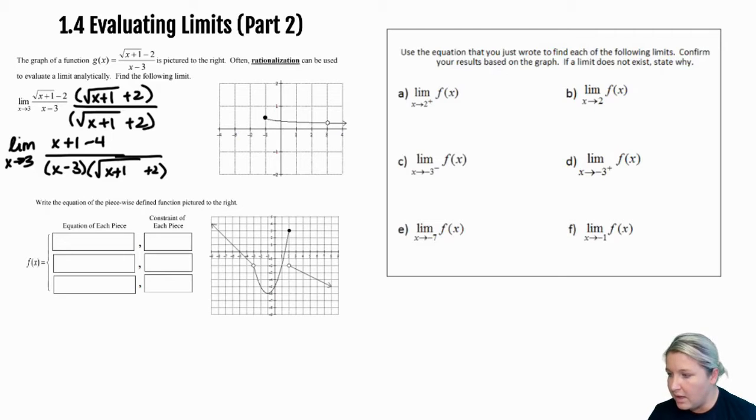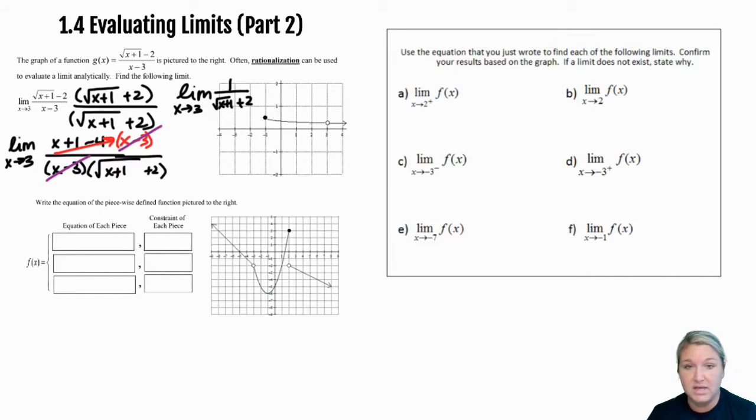Then if you'll notice, this is really nice: this top part becomes x minus 3, which means I have a numerator and a denominator with a common factor of x minus 3. So these divide out. Don't say cancel, divide out. And so I'm left with the limit as x approaches 3 of 1 over the square root of x plus 1 plus 2.